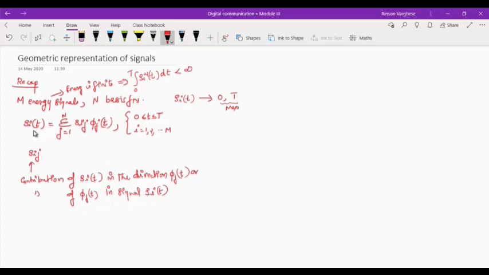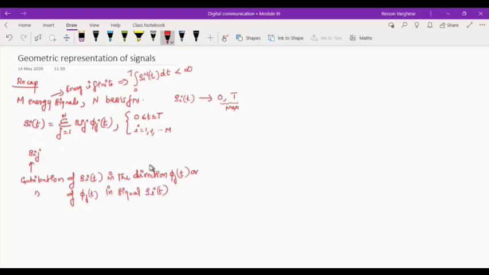Let's look into this equation. Si of t is this summation, so this is the contribution of each basis to this signal, and from a different angle, this is the contribution that Si gives in the direction phi j. Both ways we can think.